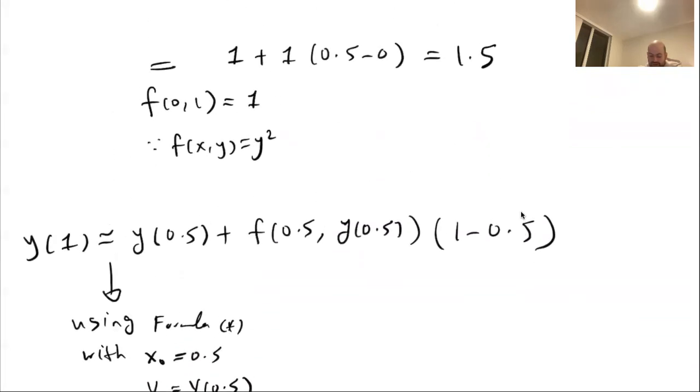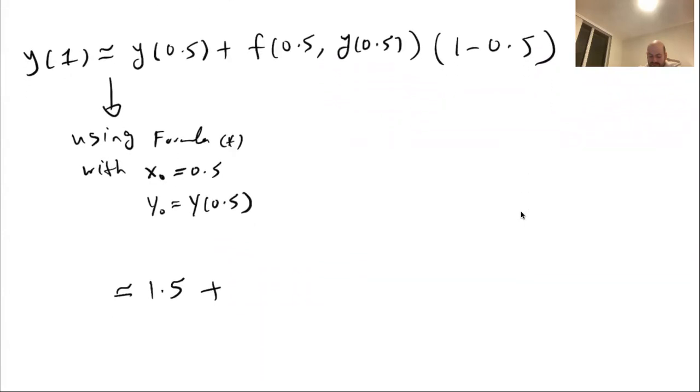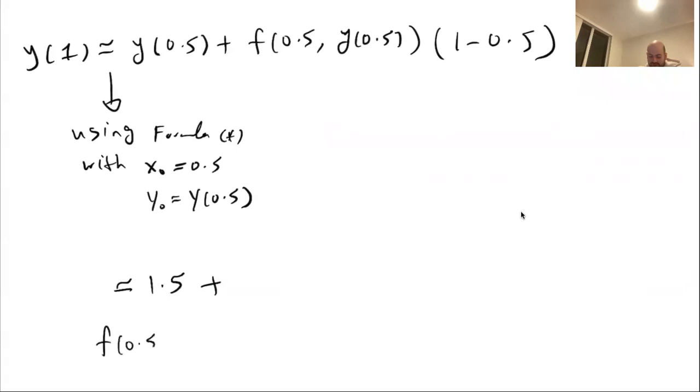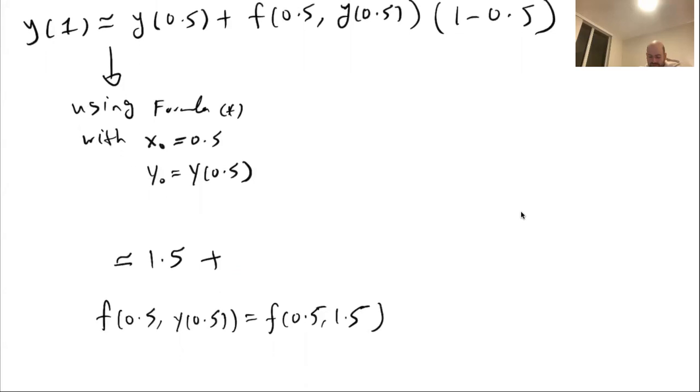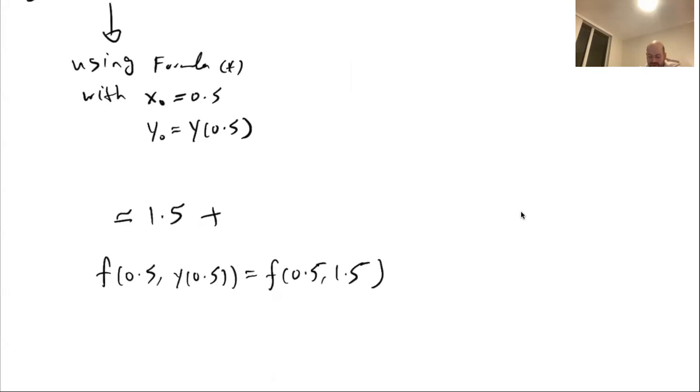Y of 0.5 was almost equal to 1.5, plus now f of 0.5 and y of 0.5, which is the same as f of 0.5 and 1.5. And y of 0.5 is 1.5, and f of 0.5 and 1.5 is 1.5 squared, because f of x and y is y squared.